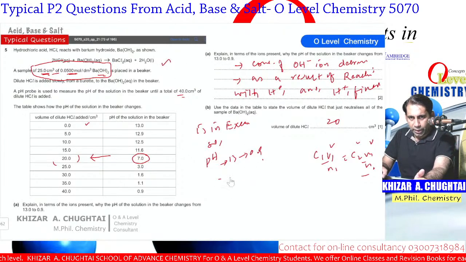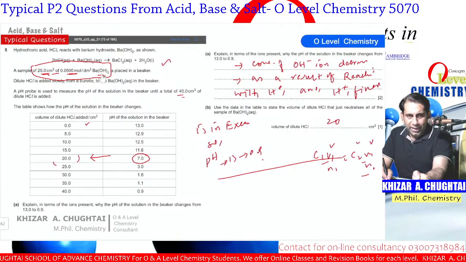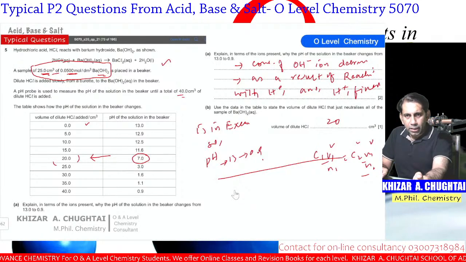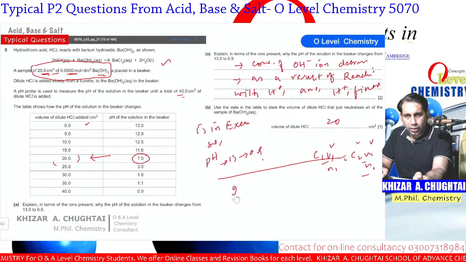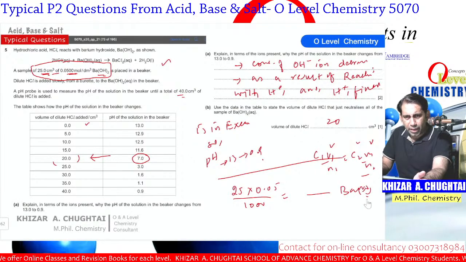So I am going to calculate it. What is the mole of barium hydroxide in the given experiment? You can say that 25 into 0.05 divided by 1000, and you will get the mole of barium hydroxide, right?